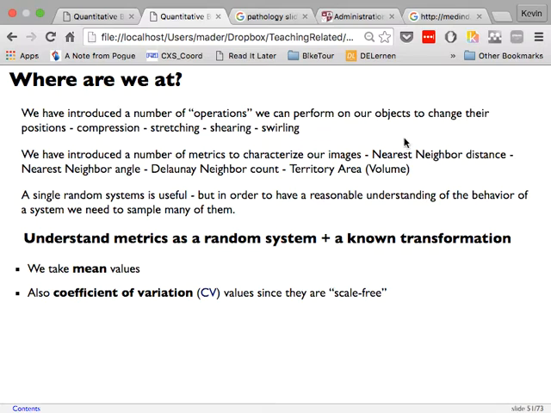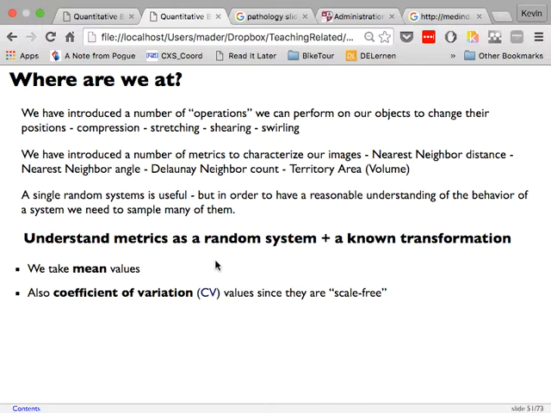Basically what we have is these metrics that we've created and systems that we've applied them to. If you have a random system and you apply it, you can then see what meaningful metrics you can extract from it by looking at these values. You can take the mean values and see how the means change.